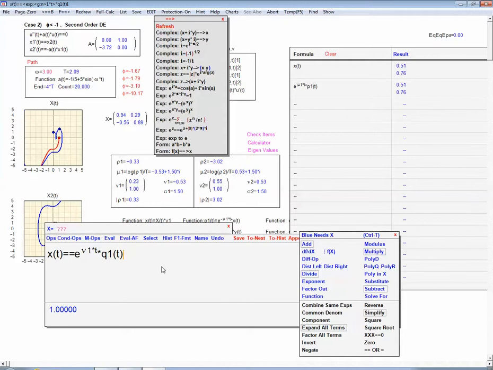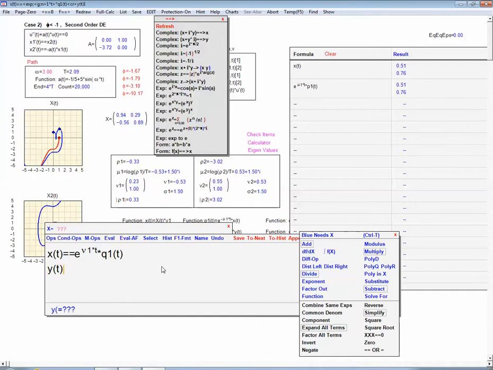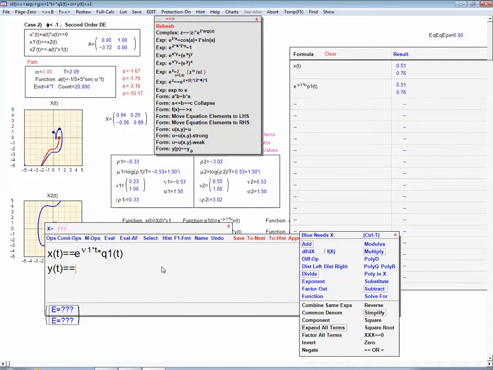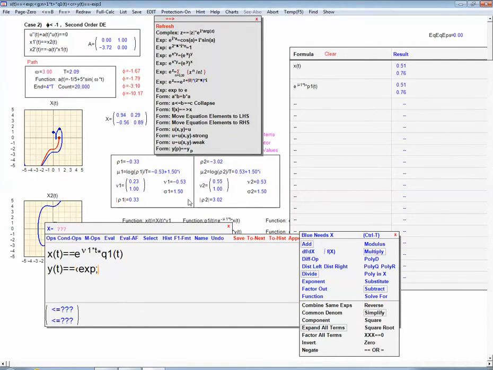And of course we can do the same thing for the other piece. Y of t equals exp of the other nu2 times t times q2 of t.